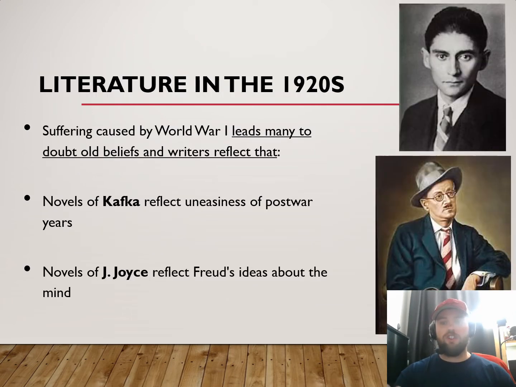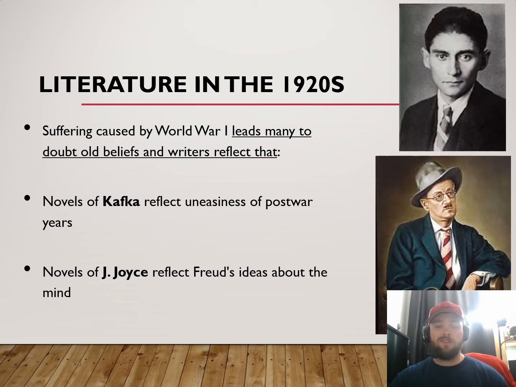Further, literature changed during the 1920s, just like art. Art became this way to express this new truth that everything we see isn't really true and that we can make truth whatever it was. And so men like Kafka wrote in the same way. Kafka is the man at the top. He wrote about how evil the world is, about how everything around him is sad and depressing after World War One.